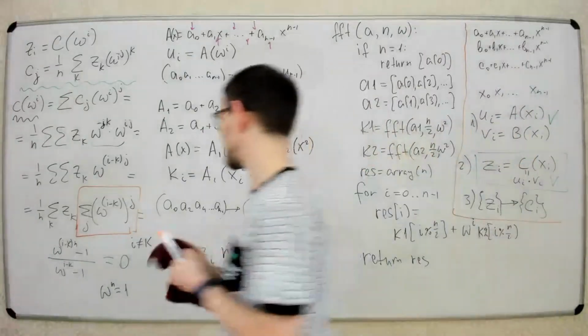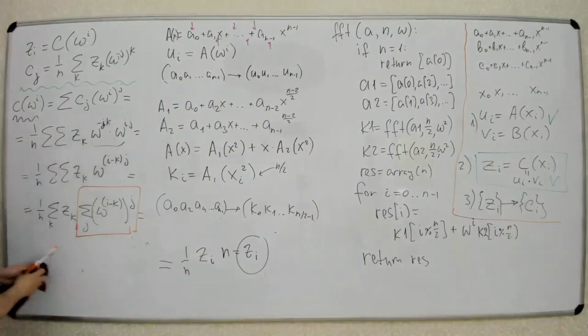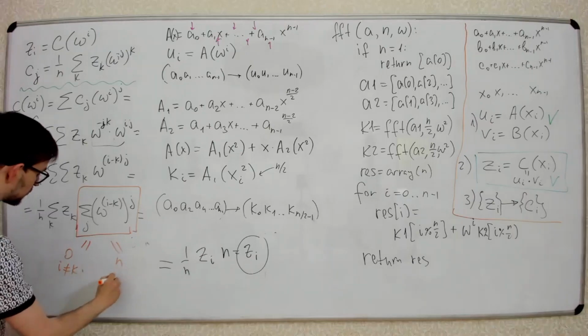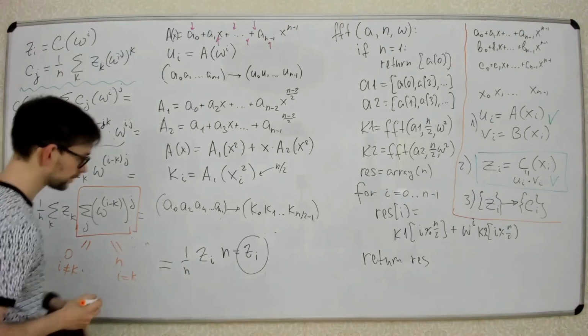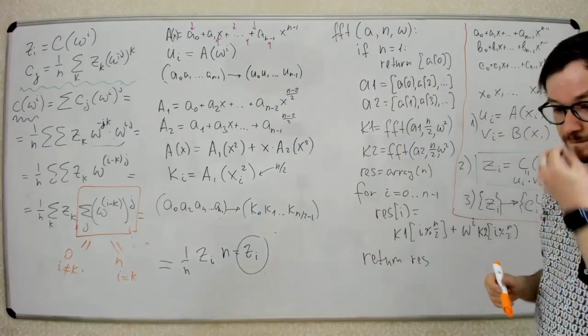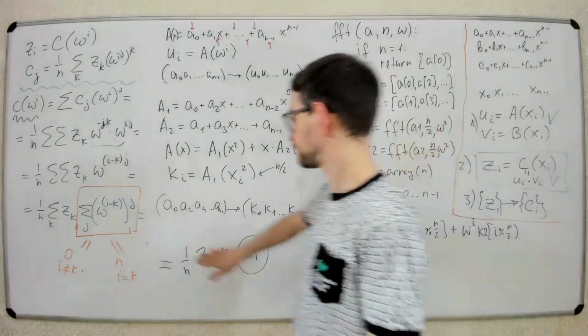So this sum equals 0 for i not equal to k, and equals n for i equals k. That's all.